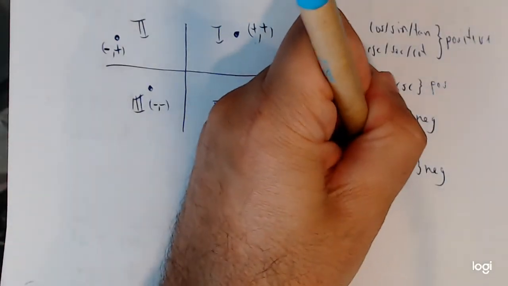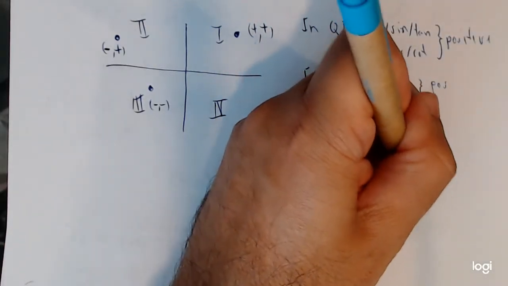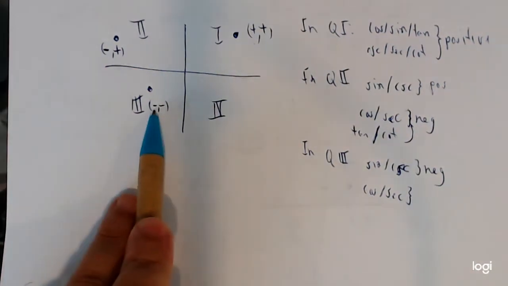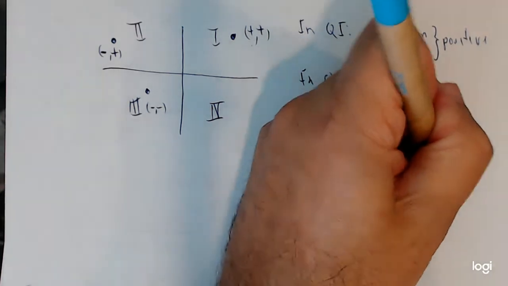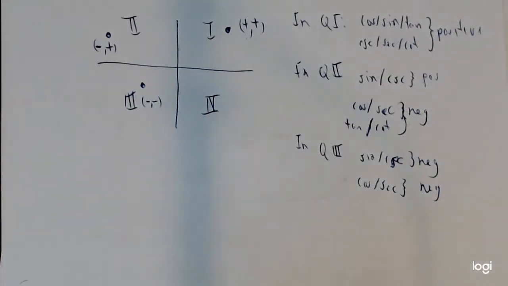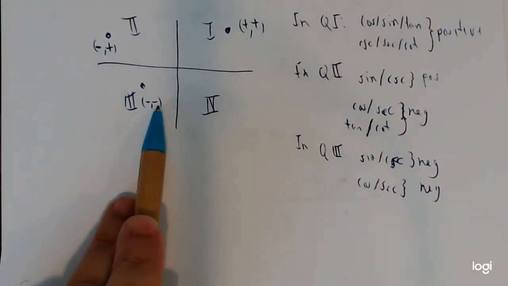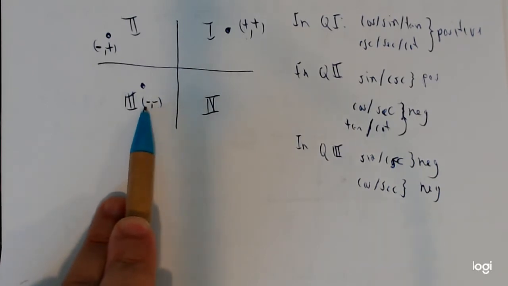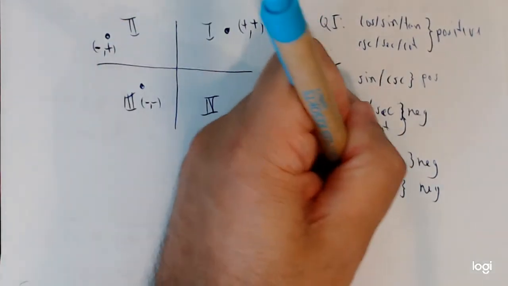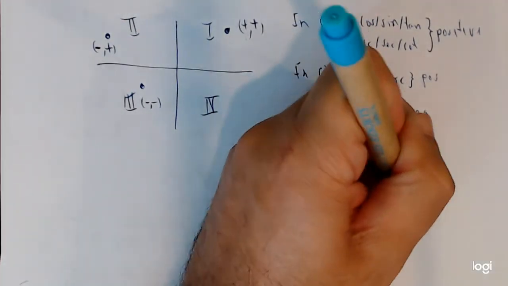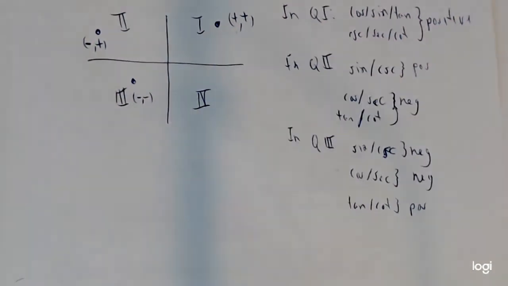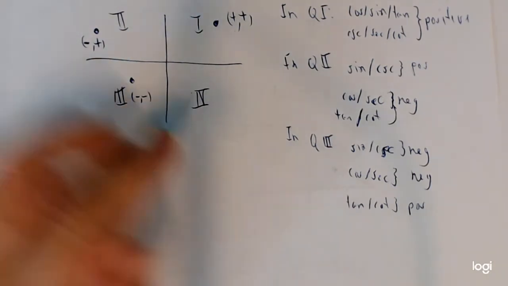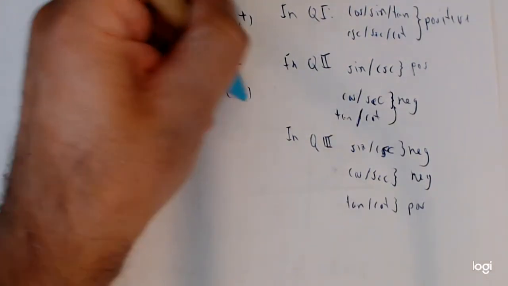How about cosine and secant? Cosine is x over r, so x is negative, r is positive, so negative divided by positive is still negative, so secant will also be negative. How about tangent? Y over x, so negative divided by negative is positive. So we notice that tangent and cotangent are positive.